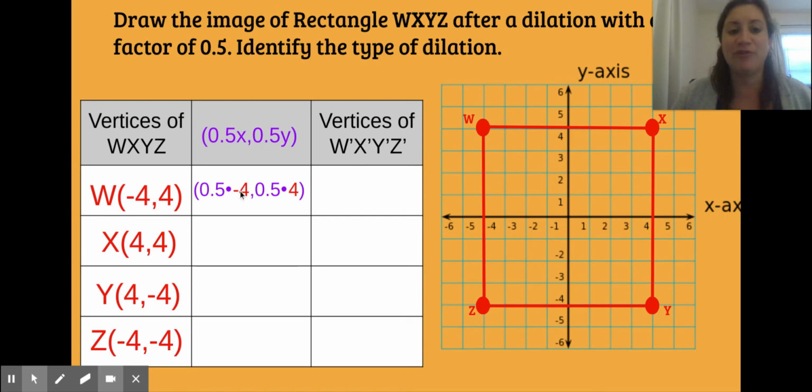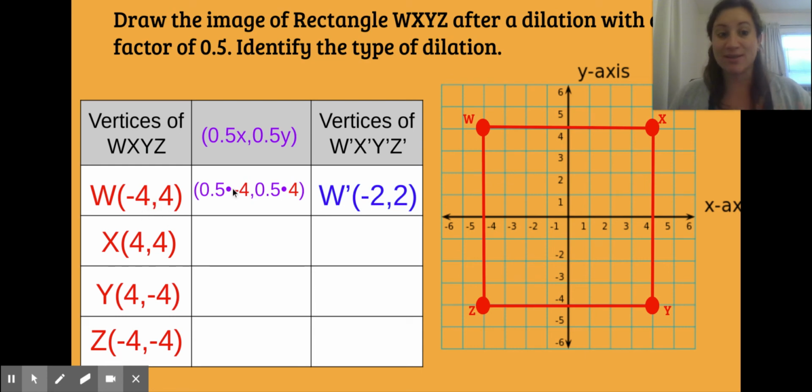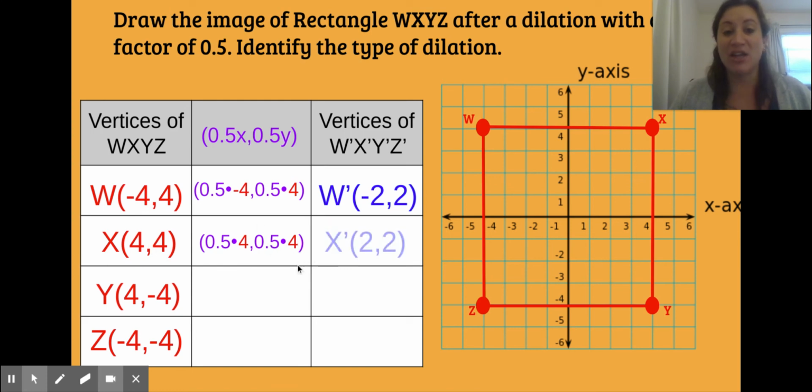So 1/2 of -4 is -2, and 1/2 of 4 is 2. So W prime is now the point -2, 2. We just halved both of those coordinates. Same thing with X. Multiply 4 and 4 by 0.5, and you get that X prime is 2, 2.